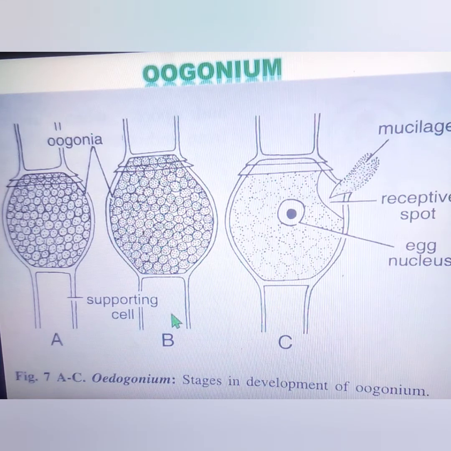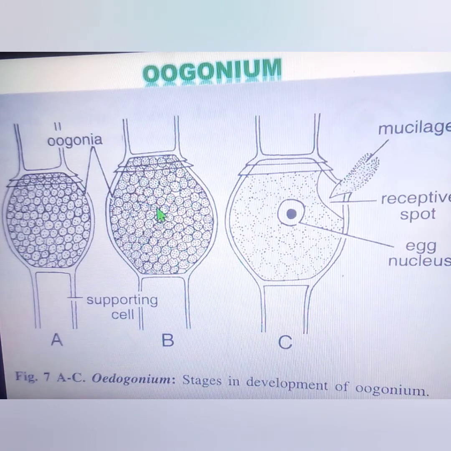Now this supporting cell may again function like the oogonial mother cell and divide again, giving rise to one oogonial mother cell and another supporting cell. So it keeps on dividing. And in such cases where this supporting cell divides 2 to 3 times, 2 or more oogonia are formed. That means 2 or more oogonia are present in a single filament.